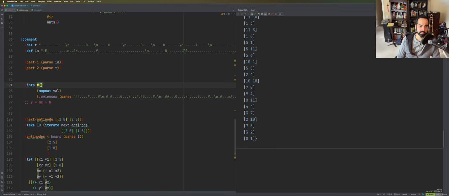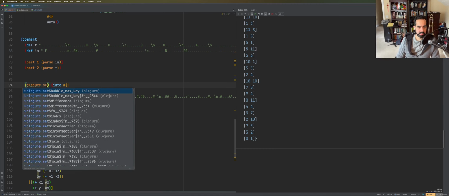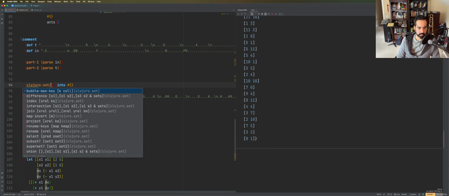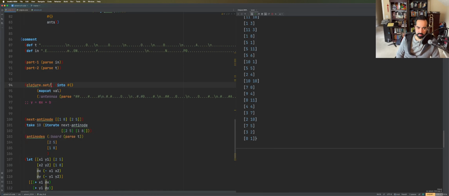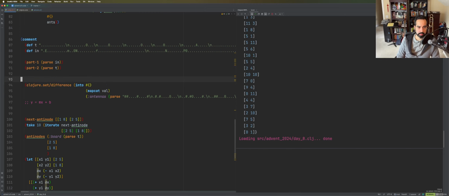Ah, you're getting the real Clojure goodness now. Now that I get stuck, you get to see all of the ways that you get unstuck. Clojure set difference. The set difference, right, is like subtraction. Did I load clojure.set?